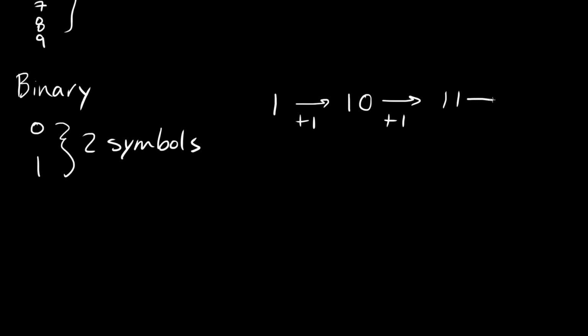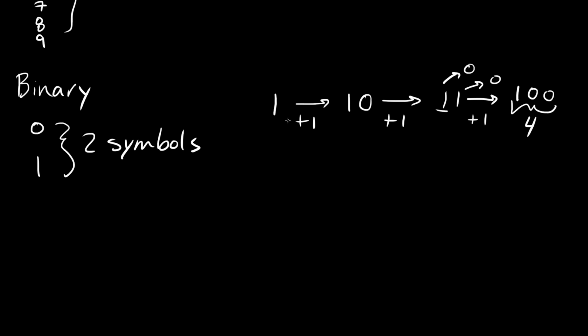And if we add 1 to 1, 1, since there's nothing to represent what happens after here, we go to 0, and then we have to add 1 to this digit, but there's nothing to represent that either. So 0, and we get 1, 0, 0. And this represents the decimal number 4.